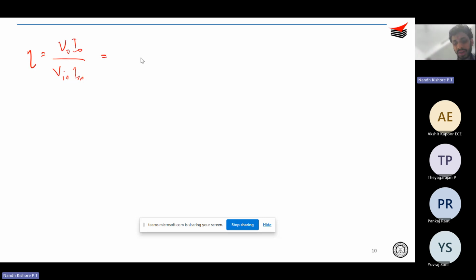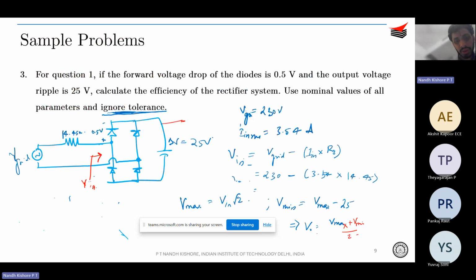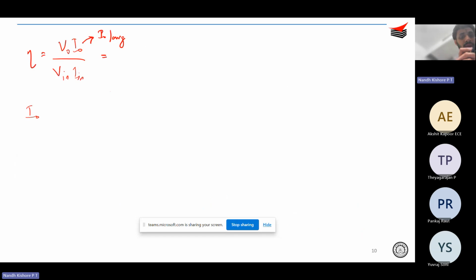V naught you will calculate from here, but what about I naught, right? So remember that this I naught is actually I naught average. Because you obviously do not have any resistor over here wherein you can find out I naught RMS square into R. It is just a static I naught that you are going to get. So your I naught is actually I naught average.